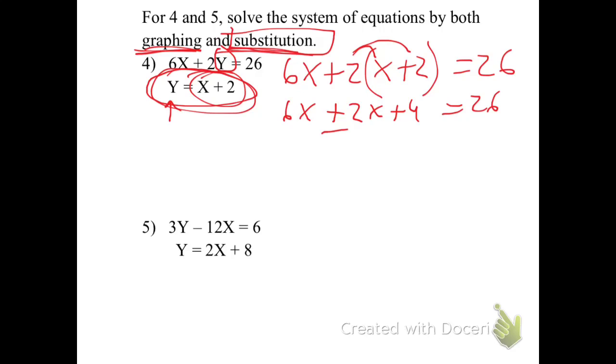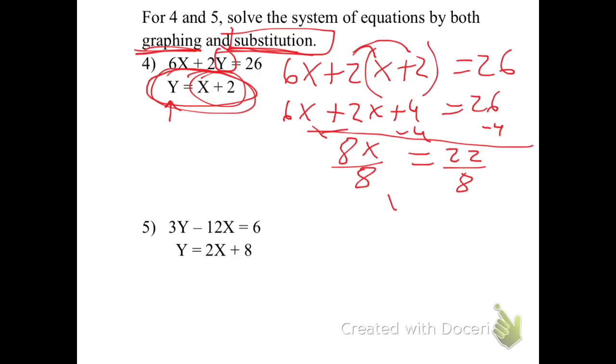Combine things that can be combined to get 8x. And I'm going to subtract 4 right now to try and save space. 8x equals 22. Divide by the 8, you get x equals, if you divide everything by 2, you get 11/4.